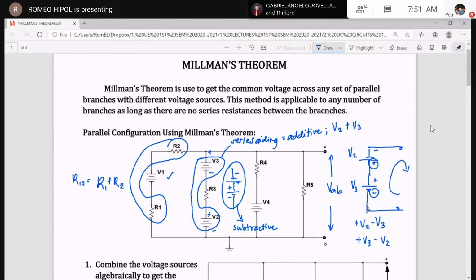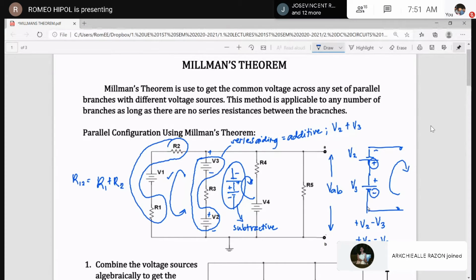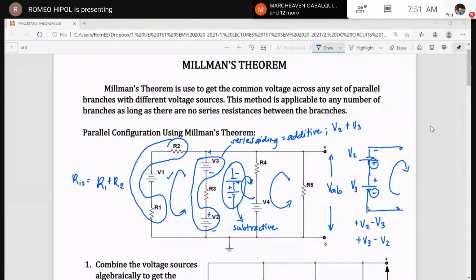Nakuha? Kasi once na magpalit-palit, for example, nakabase dito yung ating polarity, counterclockwise. Dito sa kabila, may set kayo ng clockwise. Sa kabila, counter na naman. So, magkaka-iba-iba lang polarity yan. So, magkakamali na kayo.